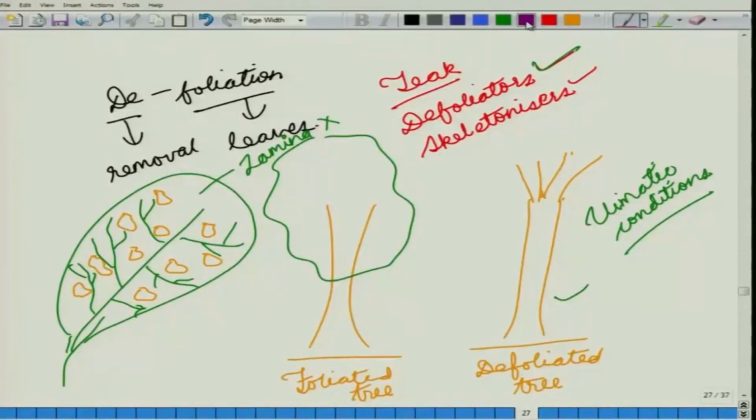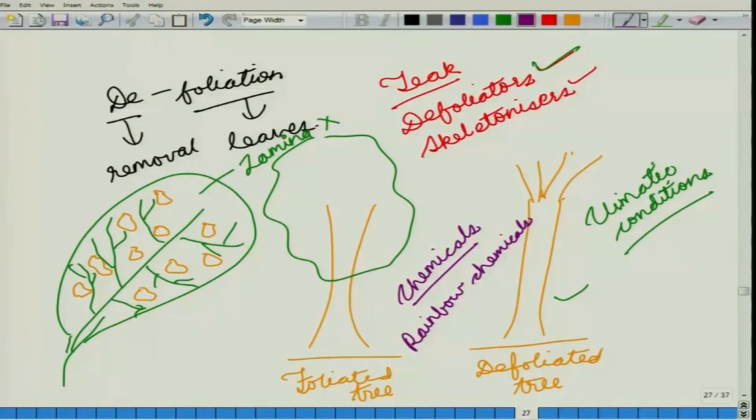Another thing that can result in defoliation is some chemicals. There are some chemicals called defoliants, for instance, those chemicals that were very highly used during the Vietnam War, which went by the name of rainbow chemicals. They were used by the army on the forest, so that all the leaves got shed and then people would be able to spot their enemies very easily.